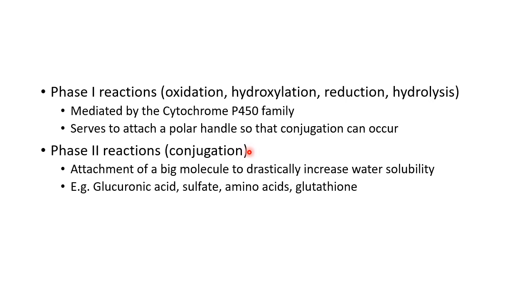So phase 2 reactions or conjugation reactions mean that there is an attachment of a big polar molecule to that polar handle made by phase 1, to drastically increase the water solubility of the xenobiotic. So for example, you have glucuronic acid.